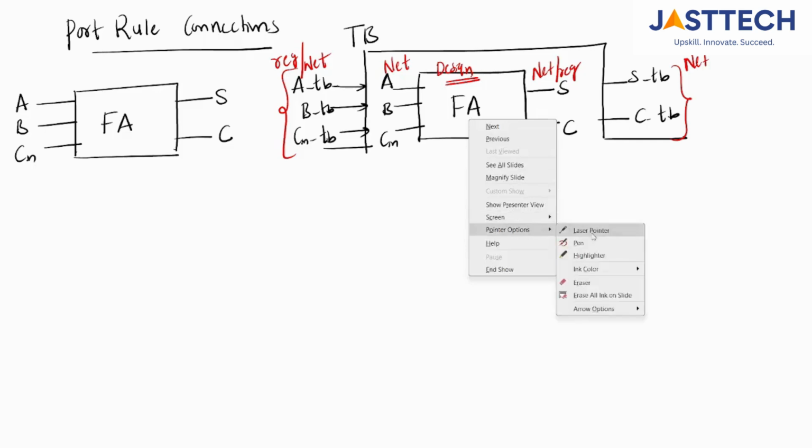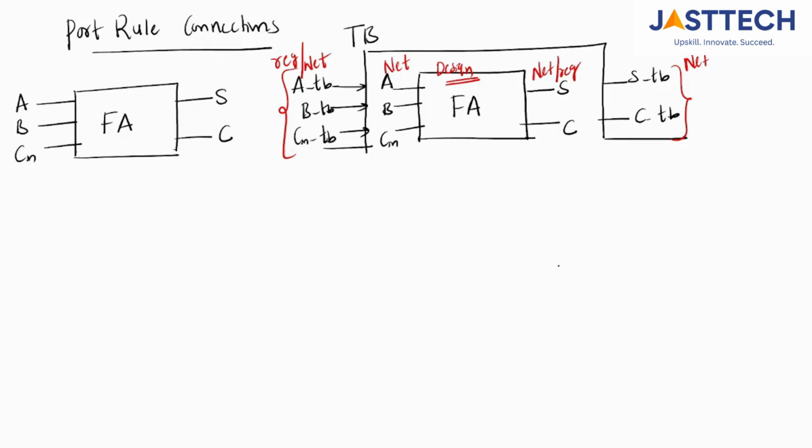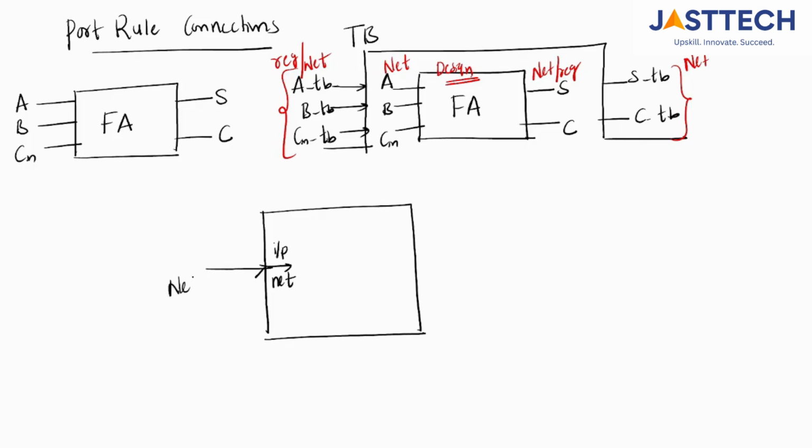Normally when you are doing a top level module, these rules we need to follow. In general, consider this is my design. The inputs for the design, the ports, we need to declare with net data type. Coming from the instances, it can be net or reg data type.